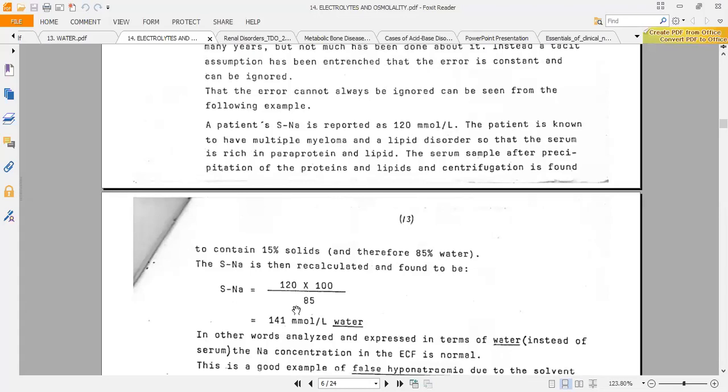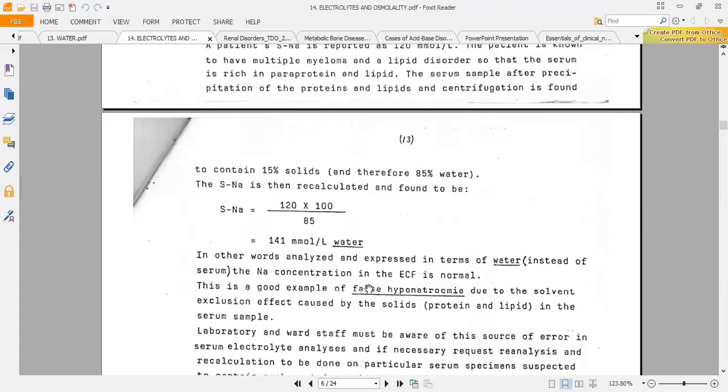So you correct this by the factor: you multiply it by 100 over 85, the correction factor. Then you notice that now the person has 145 millimoles per liter of water, which shows that you have corrected it to the sodium in water instead of serum, which is the normal one that we talked about. So this is a good example of false or pseudo hyponatremia, as I have explained.